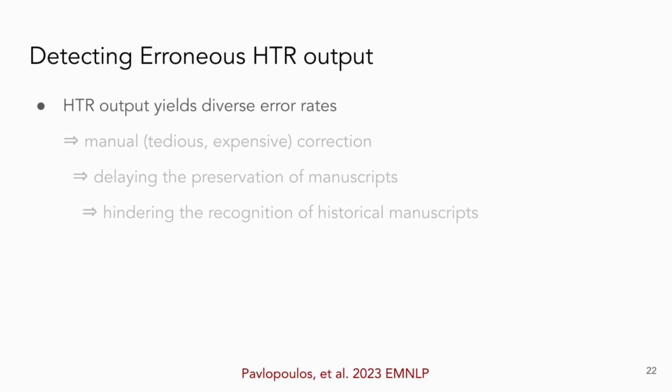So perhaps you may have inferred it already from the previous slides, but we can make it more explicit. Applying HTR, recognizing the text from an image, especially when the image regards an old manuscript, is not an easy task. And it is why we observe a diversity in character error rate. There are many errors. There are lines maybe with few errors, other lines maybe with many.